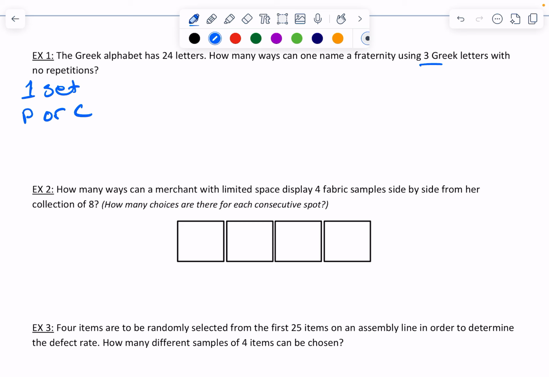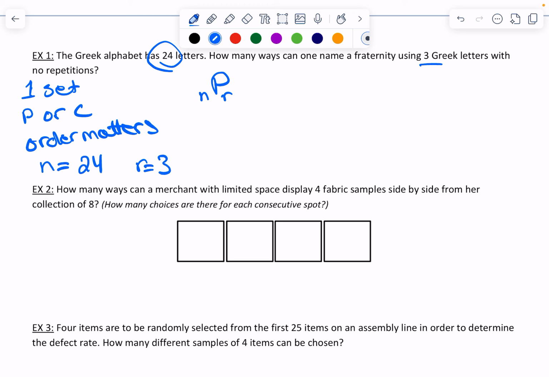Does the order matter? Yes, the order matters here for sure. Otherwise, it's going to look different. So we are using a permutation. Our N is all the letters, so 24, and we choose 3 of them. So that's our R.